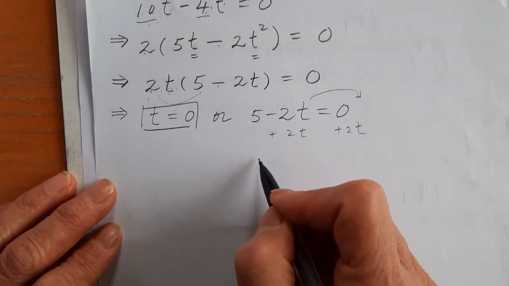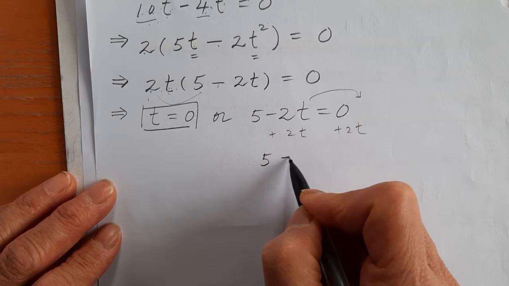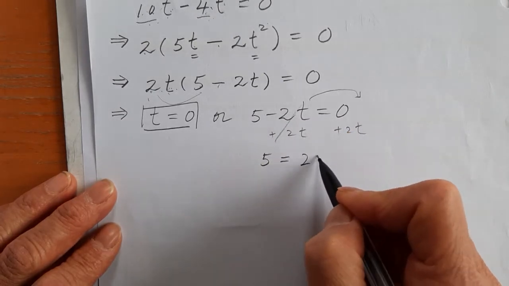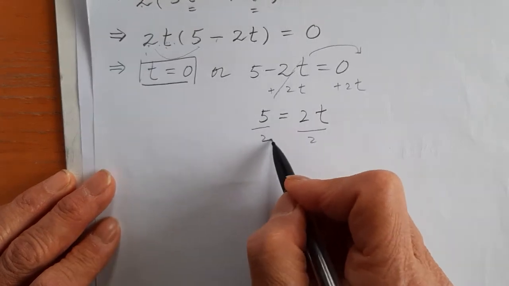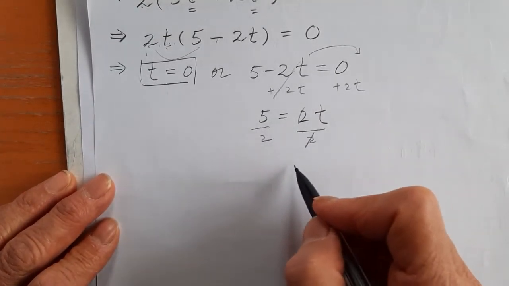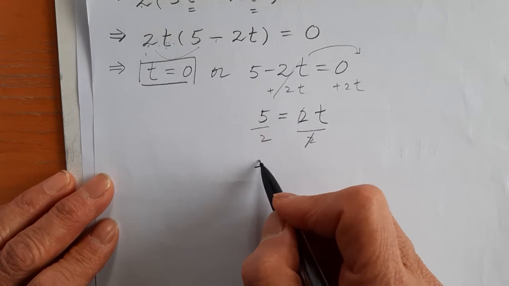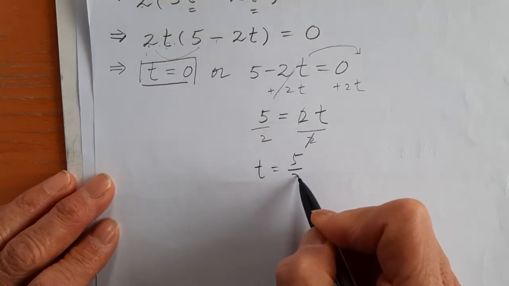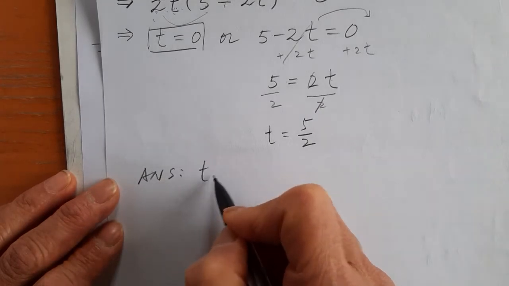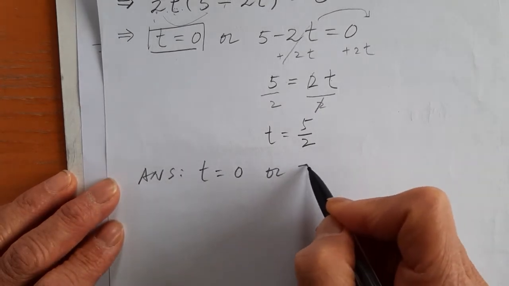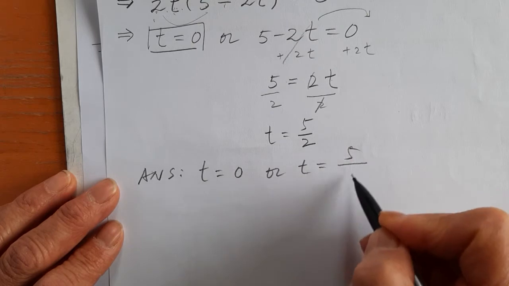So you get 5 equals 2t. Then you divide by 2, cancel 2. So you get t equals 5 over 2. So your answer will be t equals 0 or t equals 5 over 2.